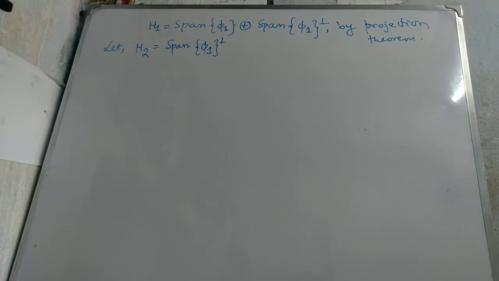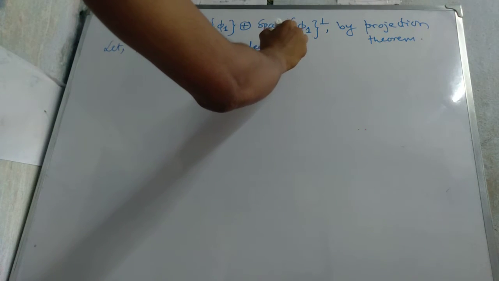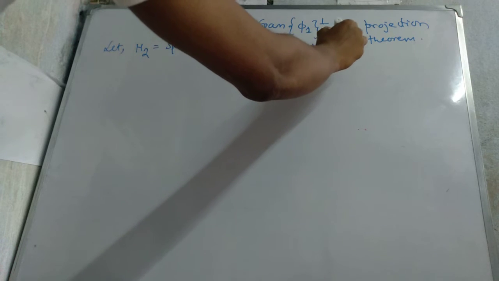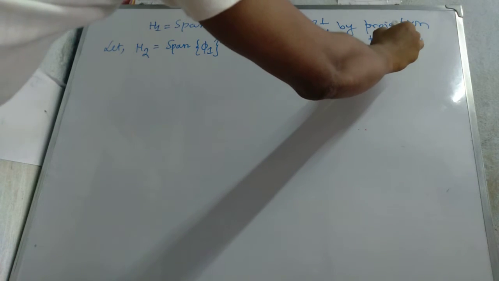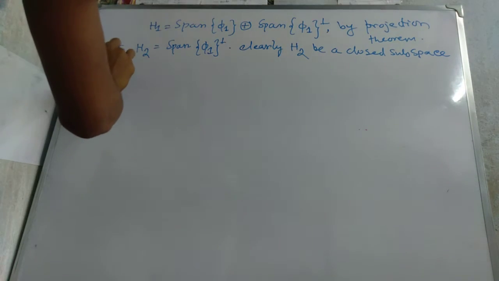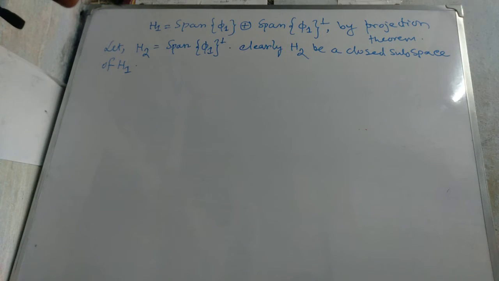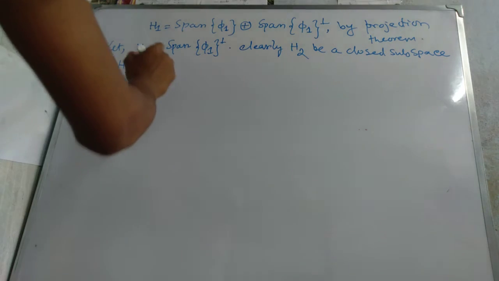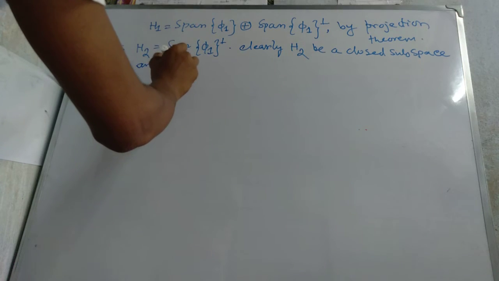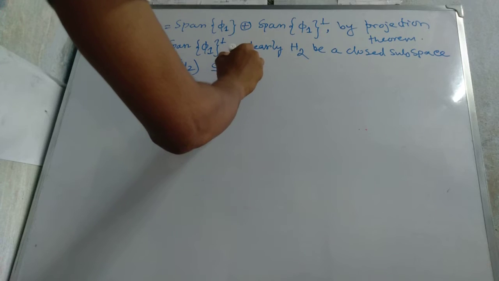Clearly H2 is a closed subspace of H1, and T of H2 is a subset of H2.